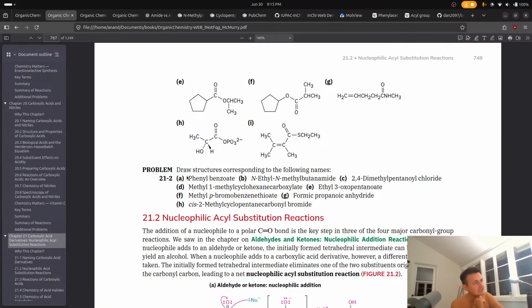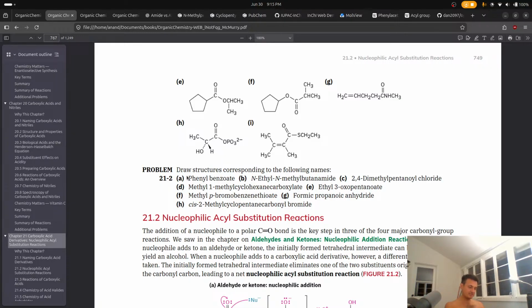Okay. Methyl 1-methyl cyclohexane carboxylate. Okay, so what is the base acid? But then we have a methyl here, so this turns into a methyl. And then we have a 1-methyl.